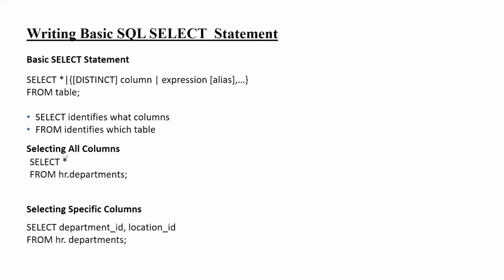Now, if I don't want to show all the columns and I only want to show specific columns, I mention the names of the columns instead of putting a star. So I write select department ID, comma, location ID. I've specified I only want these two columns from my table, so it will only show me these two columns.